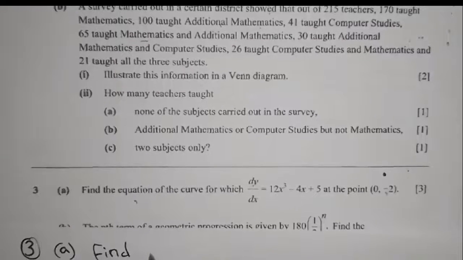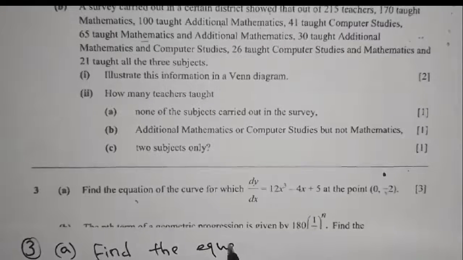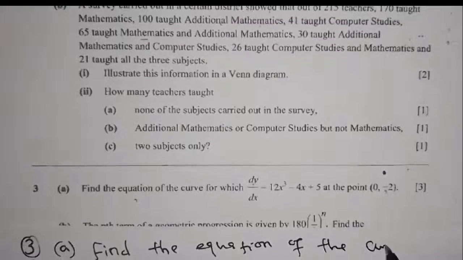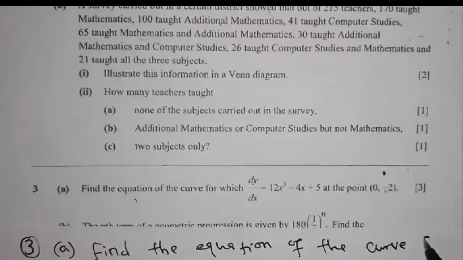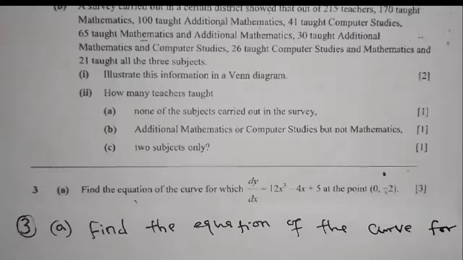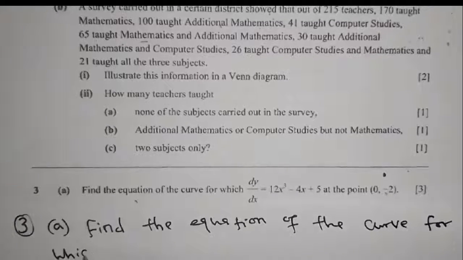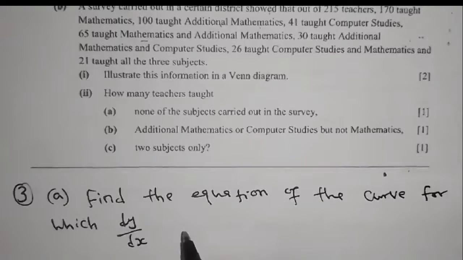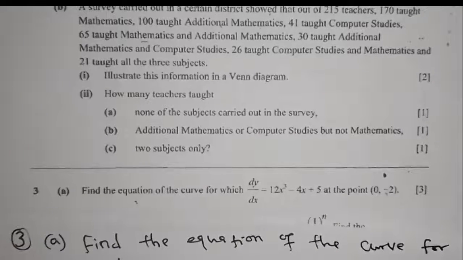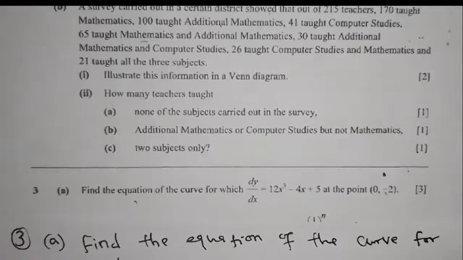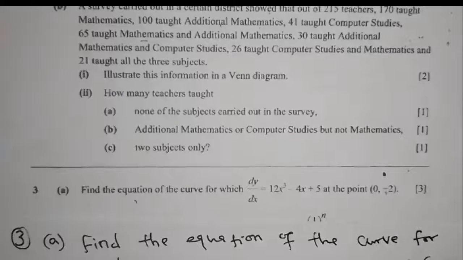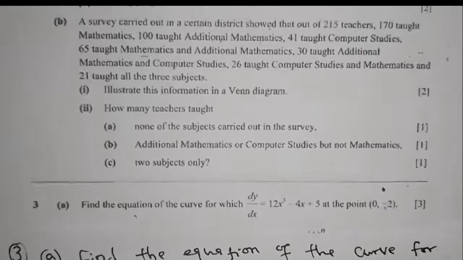It says find the equation of the curve for which dy/dx is equal to 12x to the power 3 minus 4x plus 5 at the point (0, -2).